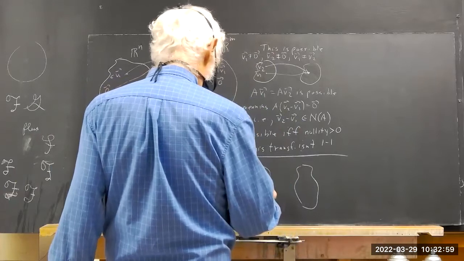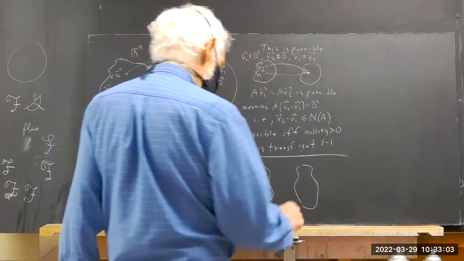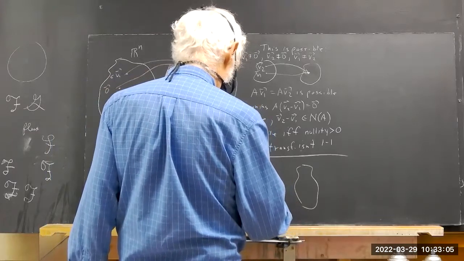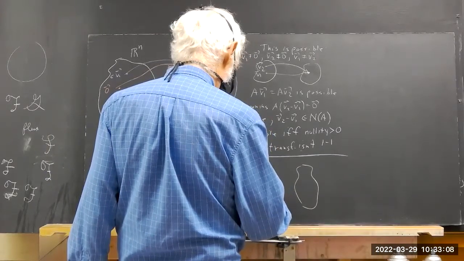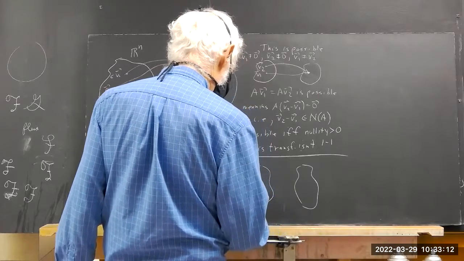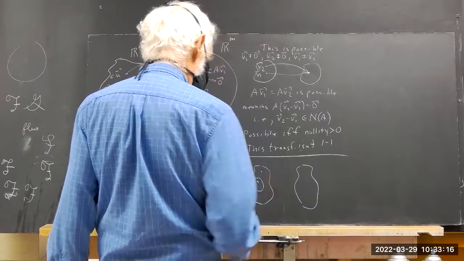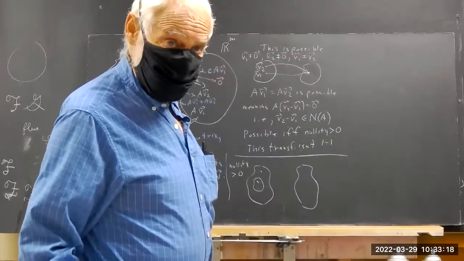Then, if you have two vectors, you have one vector in the null space and one vector outside the null space.